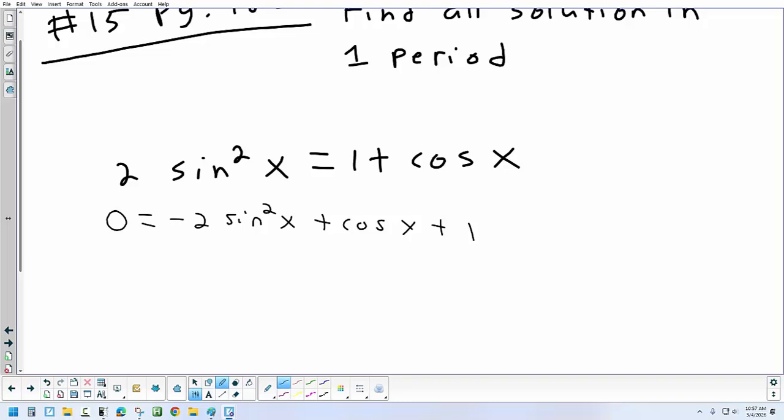Now, in order to be a quadratic, what has to happen with the trig functions? They all have to be the same base function. Right now you're mixing a sine with a cosine, so we have to substitute for one of them. Which one did I say we always substitute for? Cosine. Well, no, not cosine.